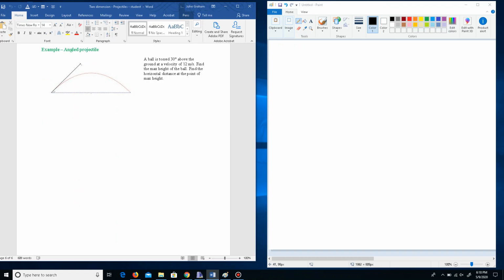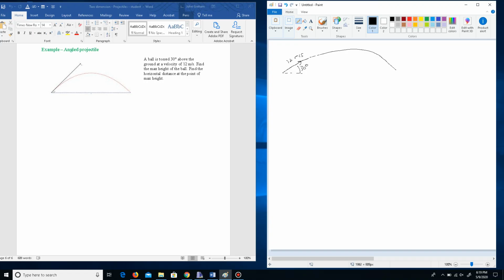Here a ball is tossed 30 degrees above our x-axis. So it's going to make a parabola as it goes. It's 30 degrees above the ground at a velocity of 12 meters per second. Find the max height of the ball.